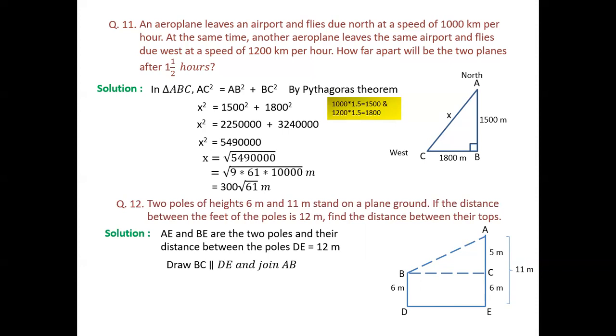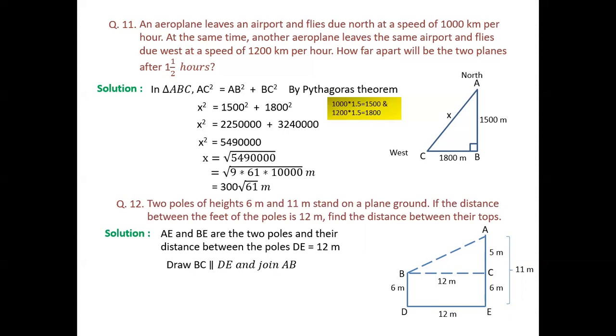Now we have to find the distance between the tops of the two poles. This is the top of the small pole and A is the top of the bigger pole. So you have to find this distance. Because we have drawn them parallel and this is perpendicular, this is also a right angle triangle. This is 12 and this is parallel, so this is also 12.